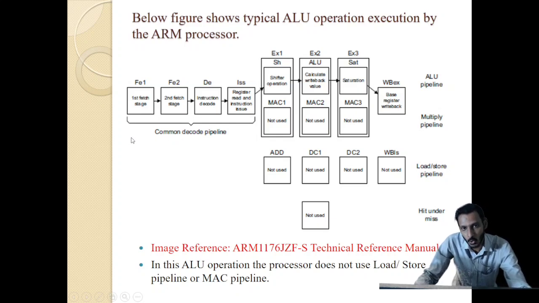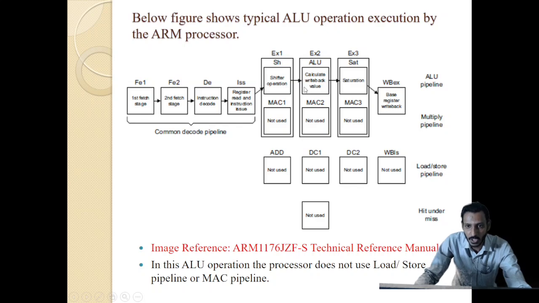The next figure shows the typical ALU operation execution by the ARM processor. The first 4 stages of the pipeline are called the common decode pipeline: FE1, FE2, instruction decode, and register read and instruction issue. Then the 5th stage is the shifter operation stage, shown by the arrow.